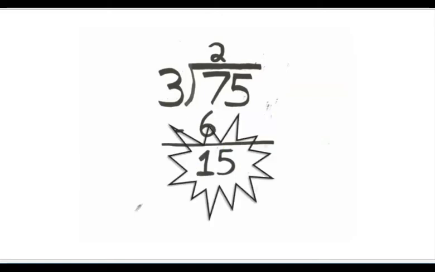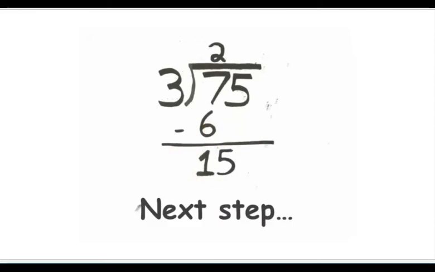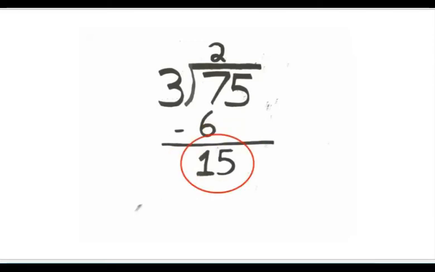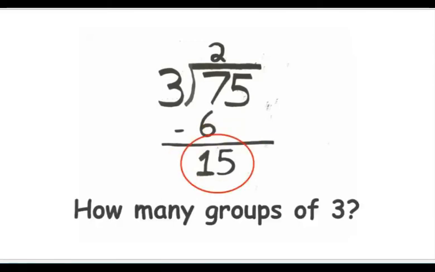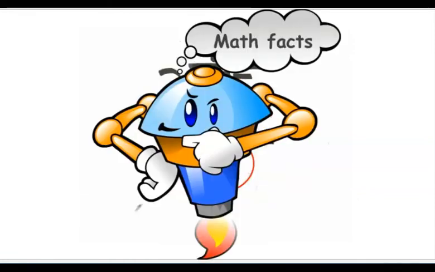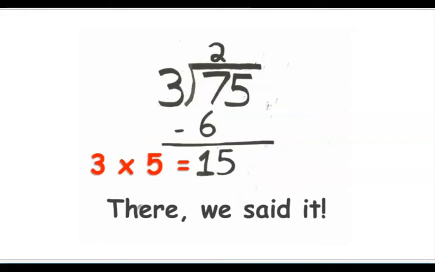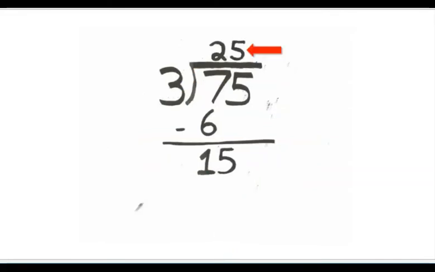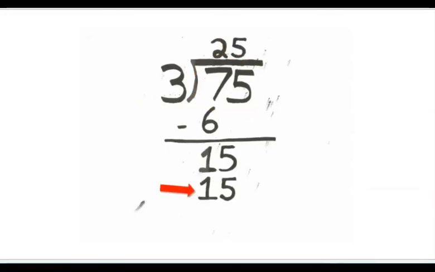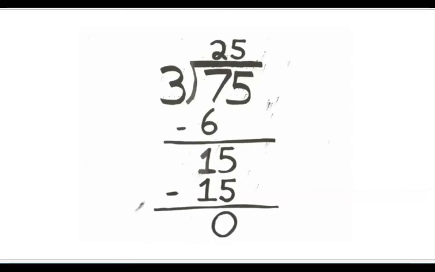Now a 15 comes alive. 15 has how many groups of 3? 5. 3 times 5 is 15. Write that 5 on the line beside the 2. Subtract it from the first 15. And that leaves you with 0. No remainder to be seen.